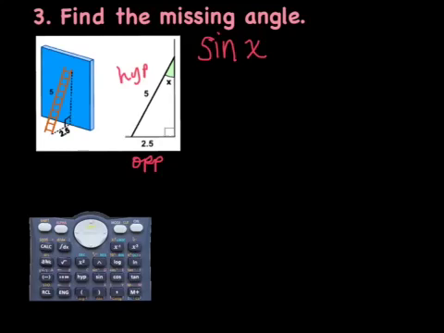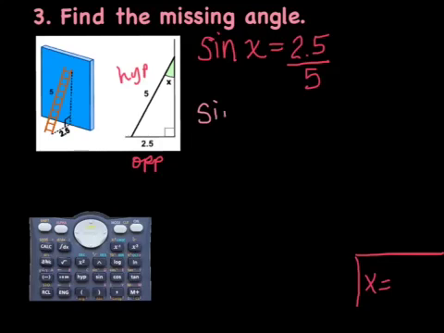So sine of X is going to equal opposite, which is 2.5, over hypotenuse, which is 5. So we're going to be solving for X. Okay, so next step, we need to divide 2.5 by 5, and that'll give us 0.5.